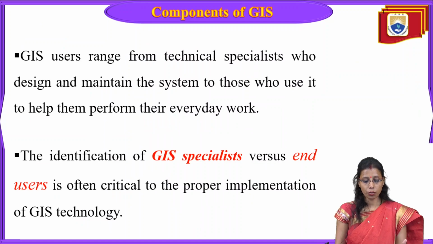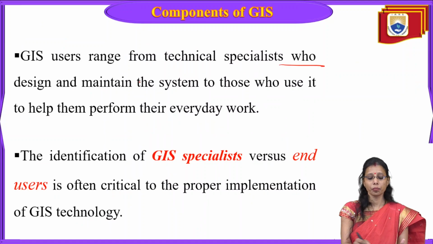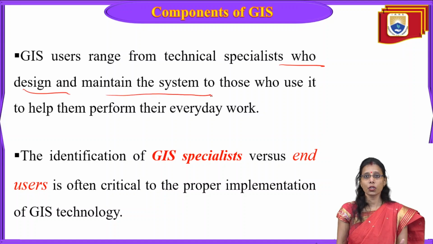GIS users range from technical specialists who design and maintain the system, to those who use it and need help performing their everyday work. To design software and hardware, people are required.